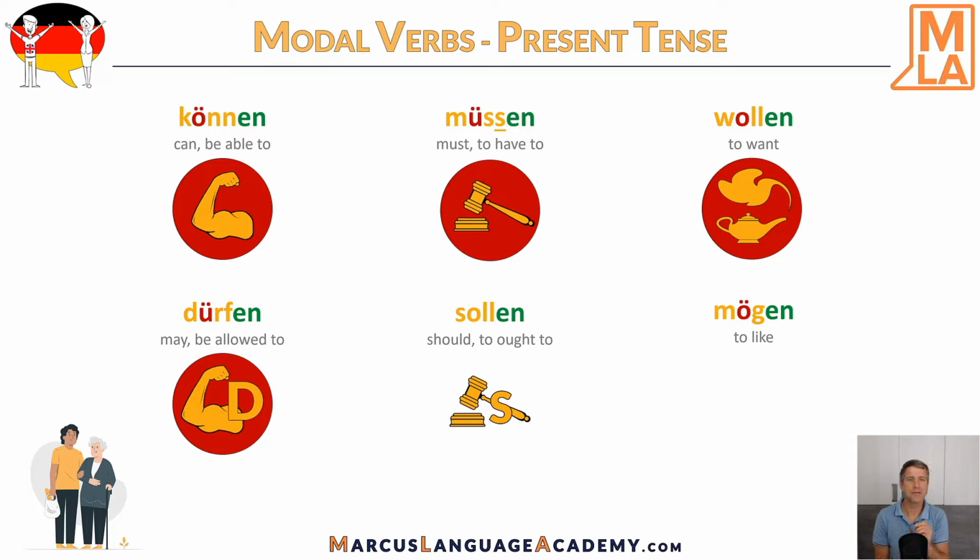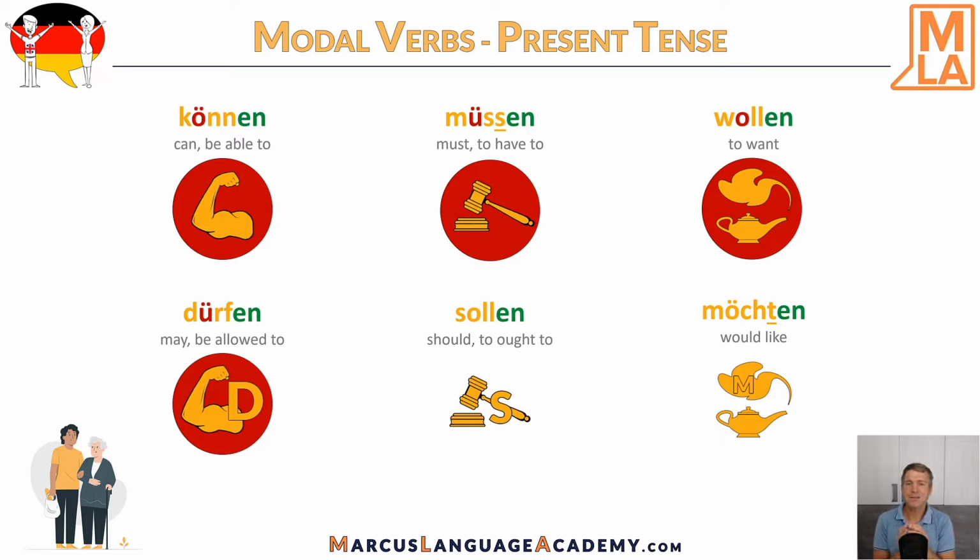And it's also irregular again. In many books for beginners, mögen, to like, is listed, but I would like to use a different verb here, möchten, I would like or would like. This is the polite way of expressing wishes, and in my opinion very, very important. And it's also regular again.